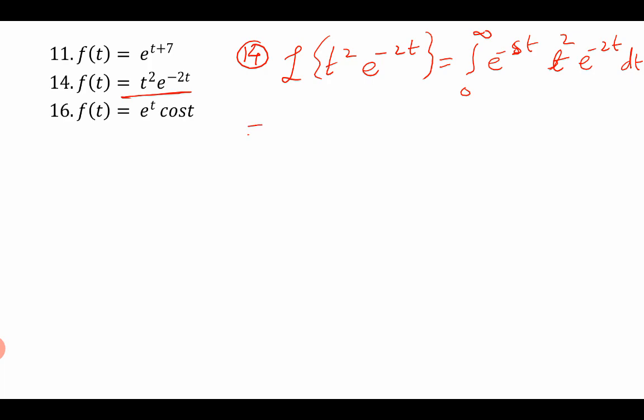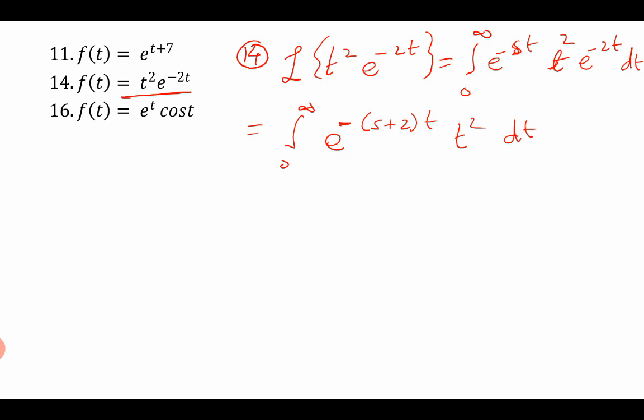Now club the e powers together: integral 0 to infinity, keep negative outside, so e raised to minus (s plus 2) times t, and t square dt.